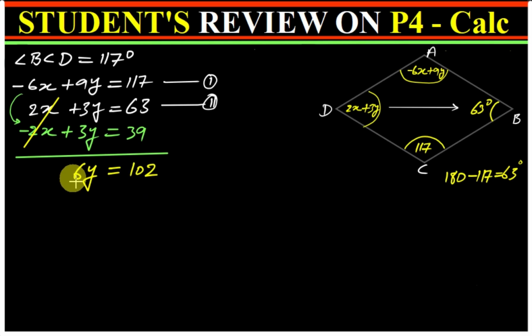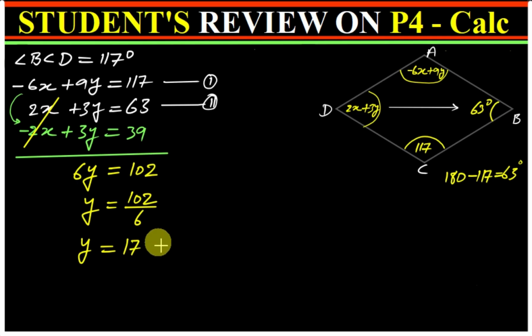Now if we divide by 6, the 6 will cancel, so y is equal to 102 divided by 6, which is 17.